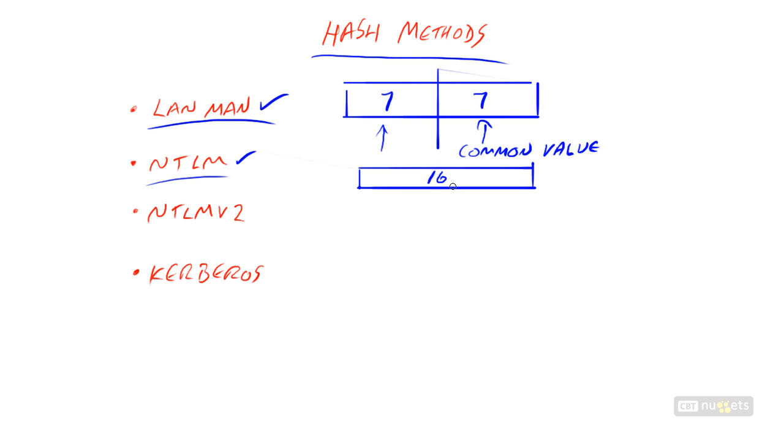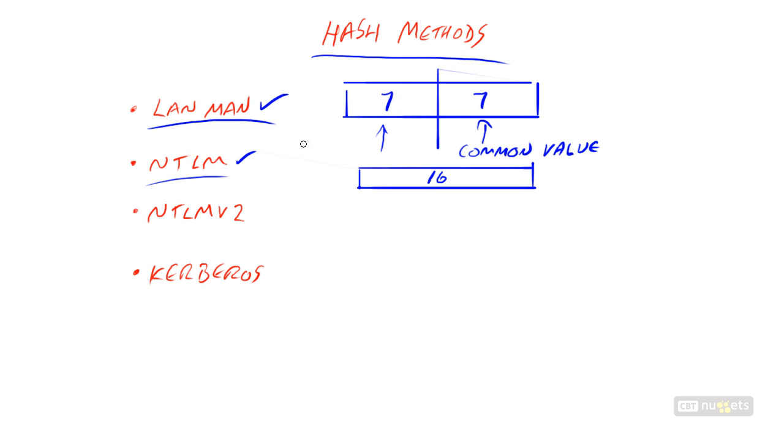Now, if you think about the days of LAN Manager and NT-LAN Manager, we didn't really have really strong processors back then. I mean, we were dealing with, what, 486 processors? Just a fraction of the power that we have now. So back in those days, they were still crackable using older tools like LoftCrack, which we don't really use a lot anymore. But those tools could crack both of these.